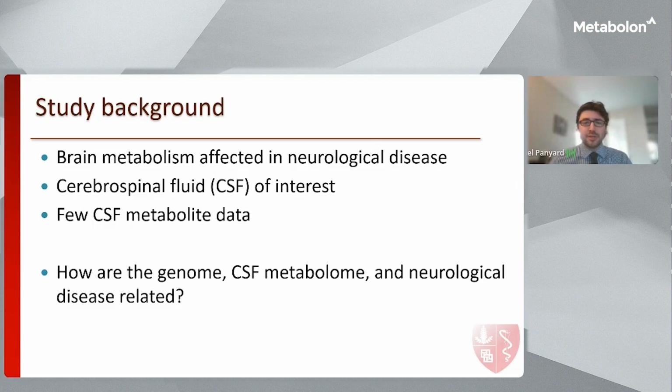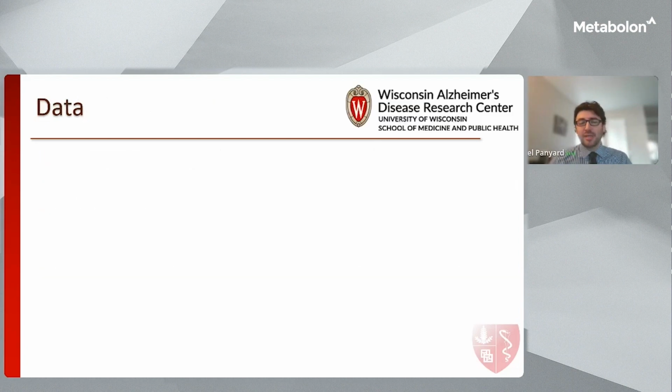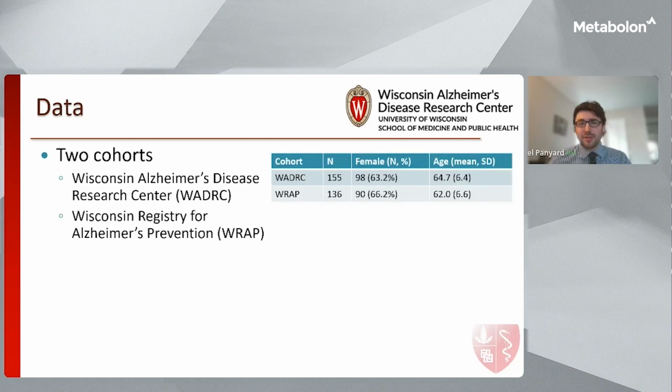So the data sets that we worked with in this project came from the Wisconsin Alzheimer's Disease Research Center. And in particular, two different cohorts, the Wisconsin ADRC's main cohort, and then a study called the Wisconsin Registry for Alzheimer's Prevention, or the WRAP study. Overall sample size for this particular sub-study, we had about 300 total samples.